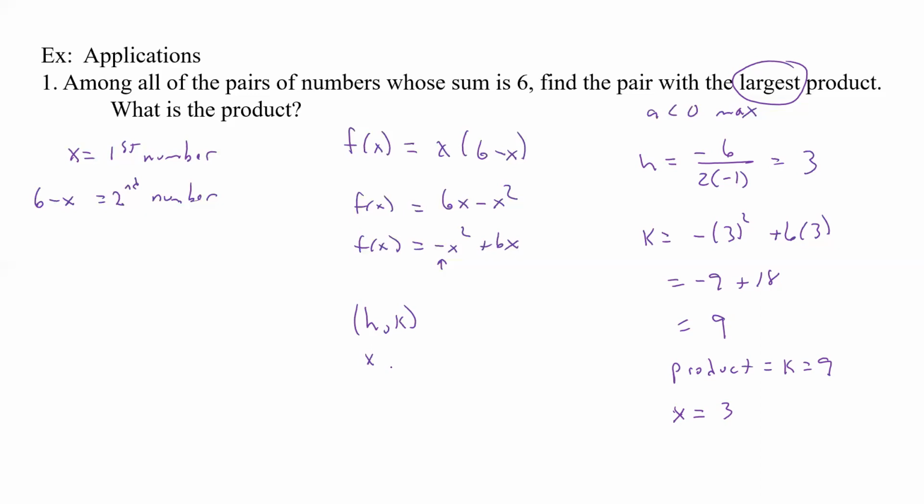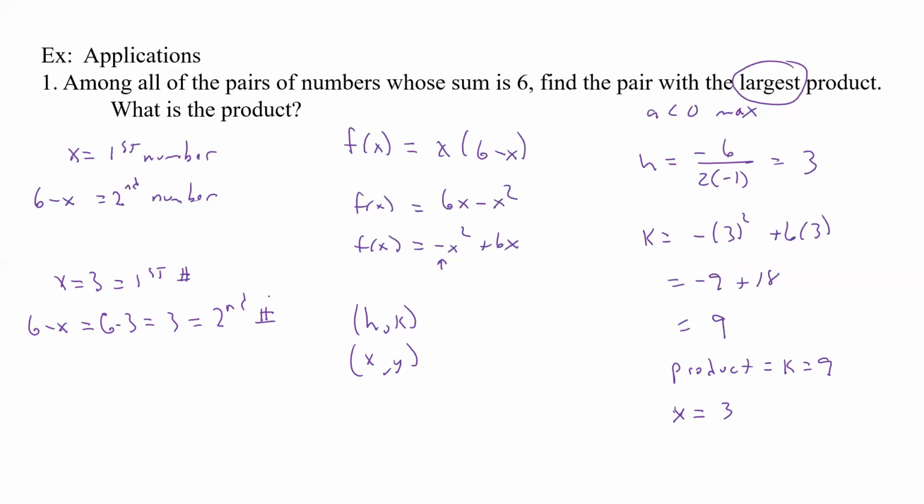X is going to be what h is, y is going to be what k is, and so y is the product, and x is what we plugged in. So x equals 3 is the first number, and 6 minus x equals 6 minus 3, which is equal to 3. That's going to be my second number, okay?